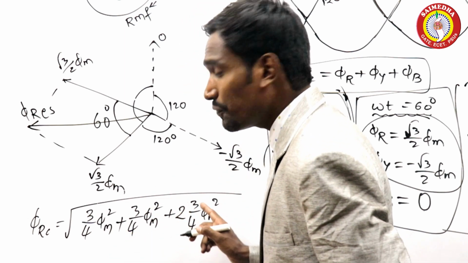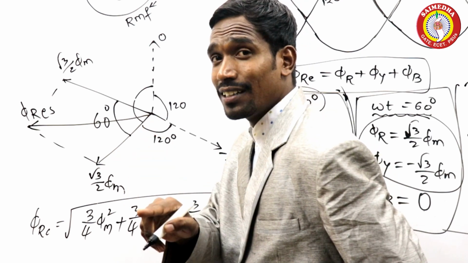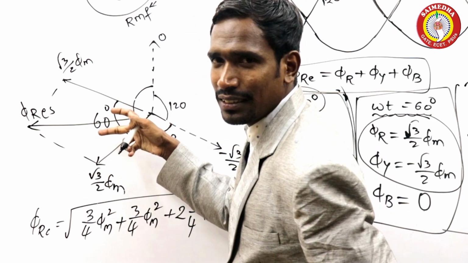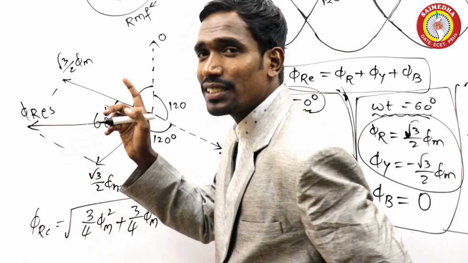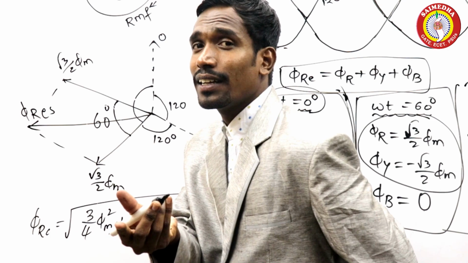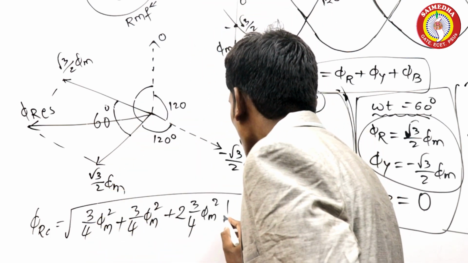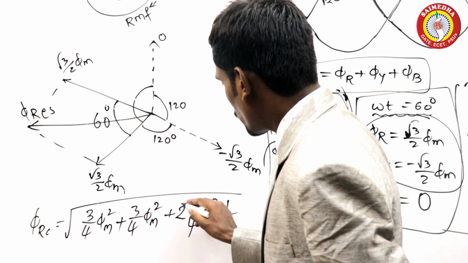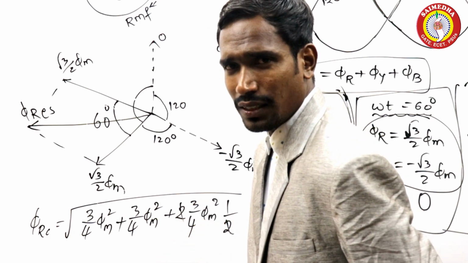So 2 phi 1 phi 2 cos theta. What is theta? Theta is the angle between the two vectors. This theta is 60 degrees. So what is cos 60? Cos 60 is equal to 1 by 2. So these two get cancelled out.